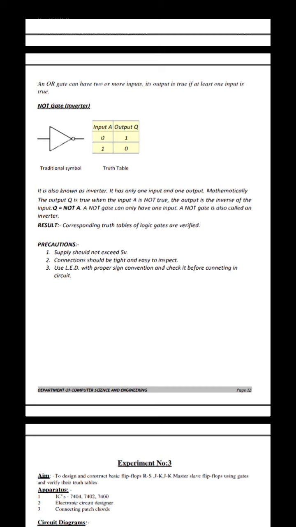At that time you get the output Y equal to A dot B equal to 0. And with A equal to 1, B equal to 0, you get the output A and B equal to 0. And then the final combination of input, A equal to 1 and B equal to 1, you get output 1. So if both input values are high, only then you get the output in the high state.